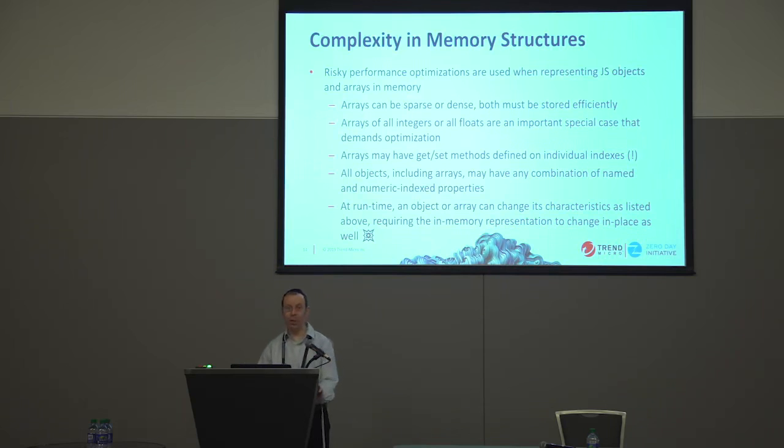Each of these combinations calls for certain optimizations in the way objects are laid out in memory. But what makes things really dangerous is that all of the above object characteristics can change at any time during execution, and this may require in-place modifications to the object's memory layout. Clearly, there's a lot of room for things to go wrong, very wrong.